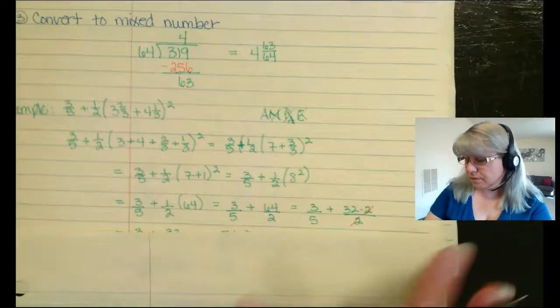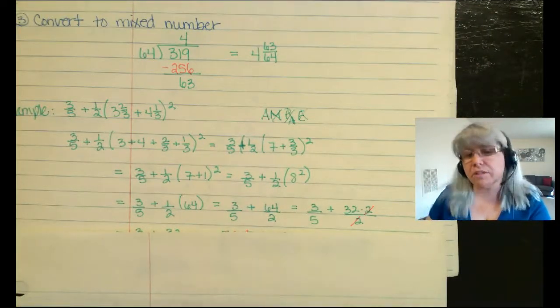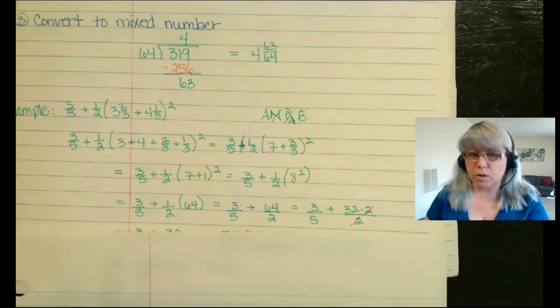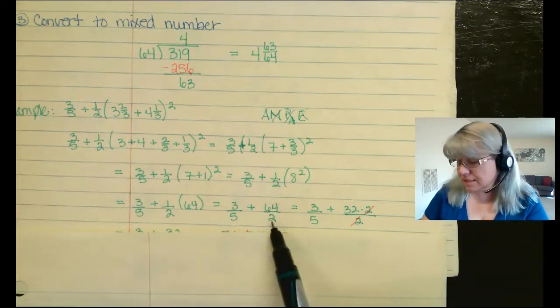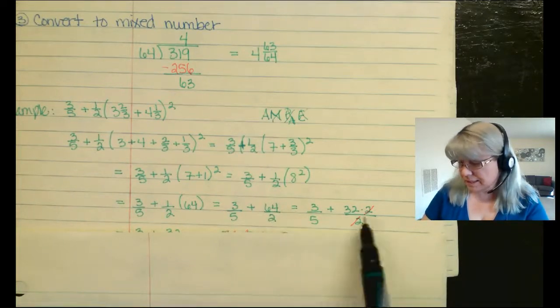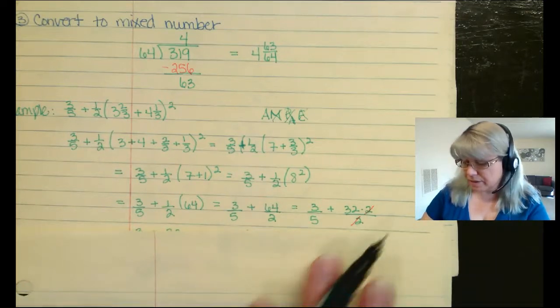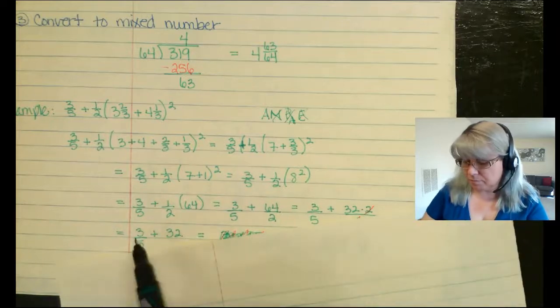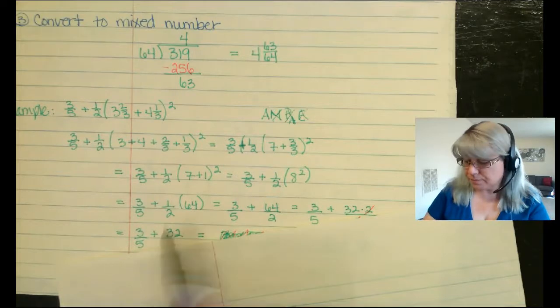Okay, I'm going to simplify. There's a couple ways of doing it. Find common denominator now and then add like you would and then change it over to mixed numbers. But if we're clever about this, 64 over 2 is 32 times 2 all over 2. The 2's will cancel out, giving me 3/5 plus 32.